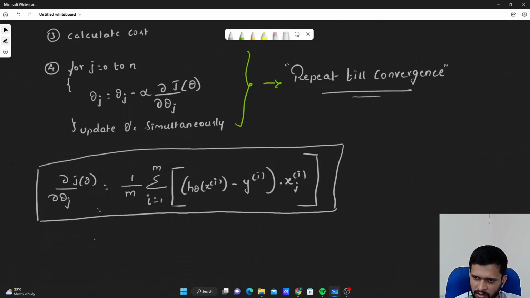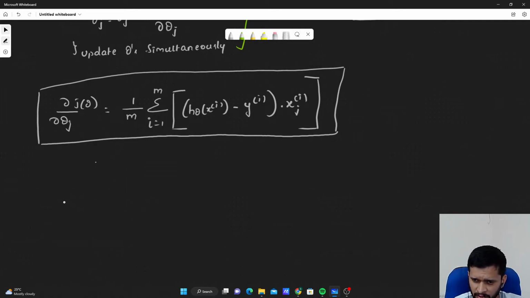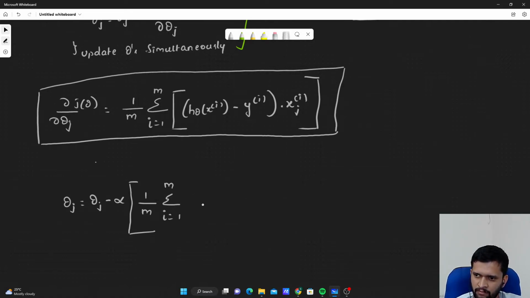If I substitute this equation in this part, it will look like theta j equal to theta j minus alpha into 1 by m into summation of i equal to 1 to m, h theta of xi minus yi, into xi of j.